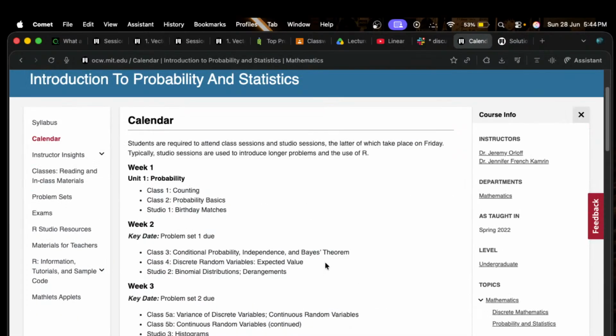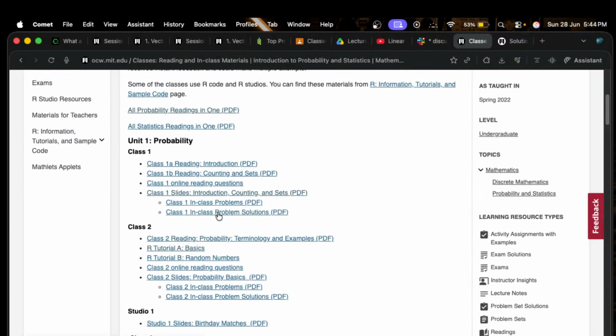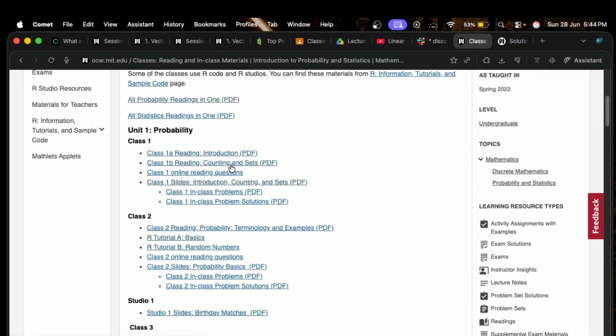So, probably we don't have lectures, we just have in-class materials. The main things here are in-class problems and solutions. So there is no sense in going through all of these. We can just skim through the slides, and if we read this, we are good to go. We can solve the problems, because I just went through these reading materials and they were good.